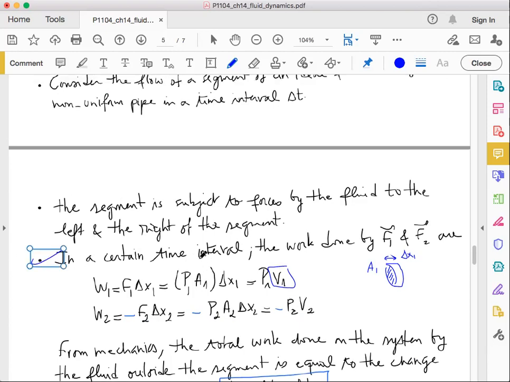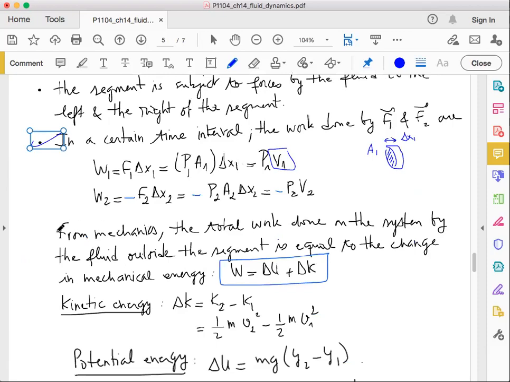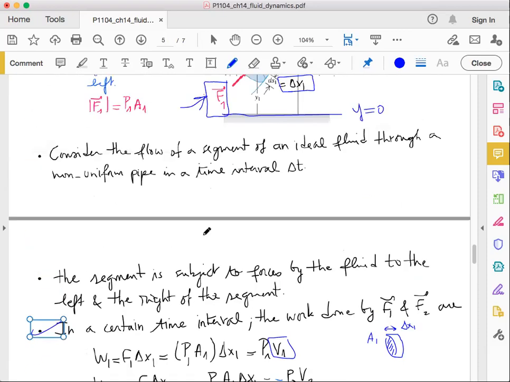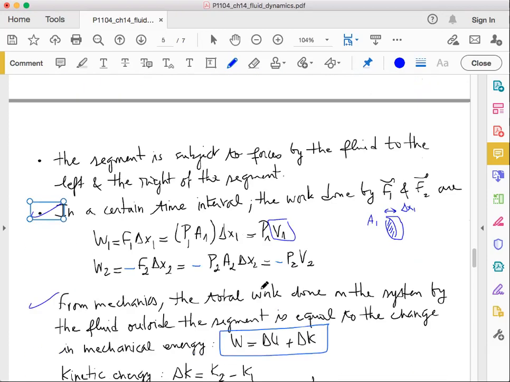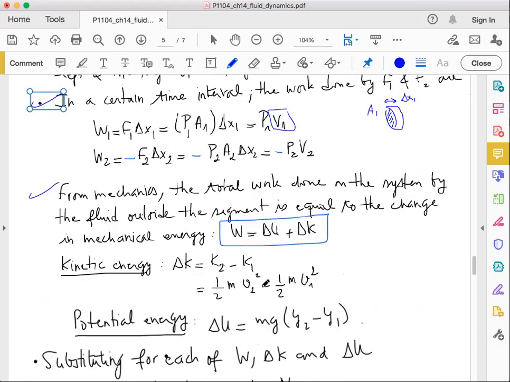Now, number two, the second point. We will see in mechanics that if we have a given object, in this case the segment that you see on the drawing, and this object is subject to different external forces, then the total work done on the system by the external forces is equal to the change in its mechanical energy.